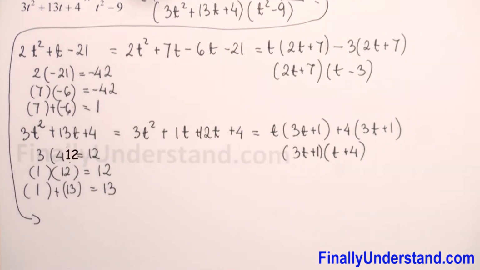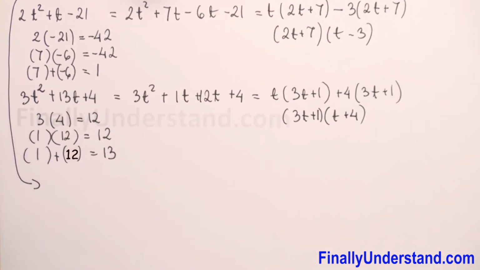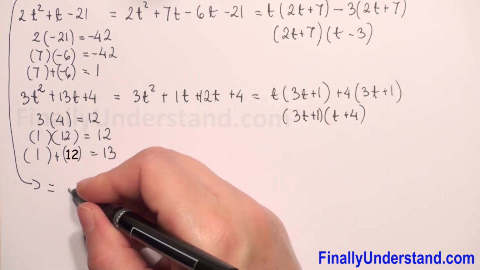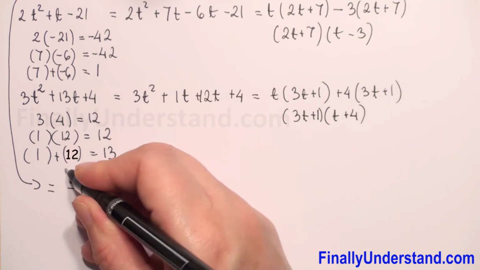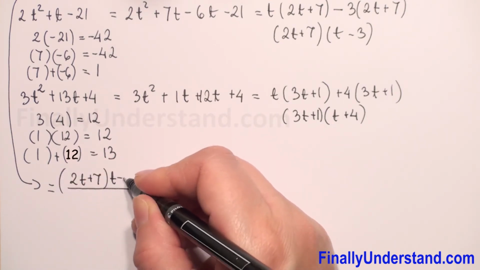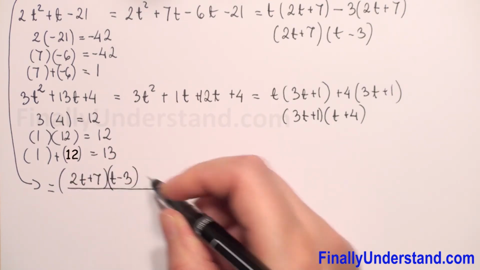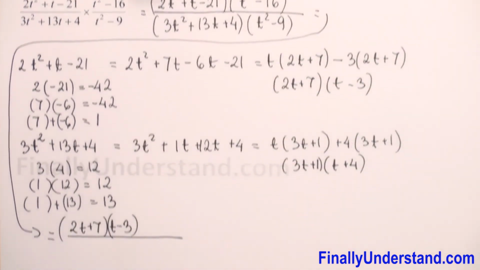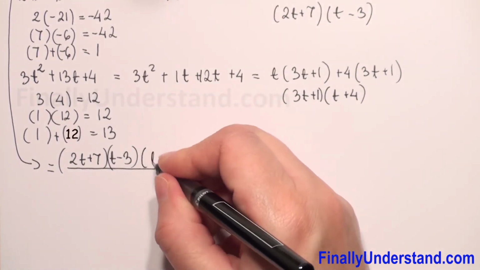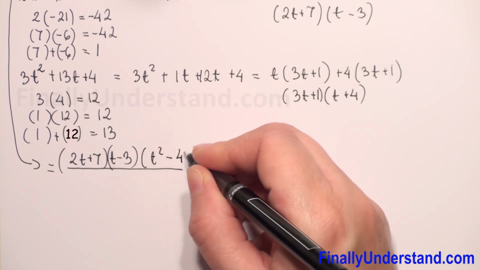Now we can come back to our algebraic fractions, and the first expression in parentheses I will substitute by 2t plus 7 times t minus 3, and next we have t squared minus 16, so I can rewrite that this is t squared minus 4 squared.